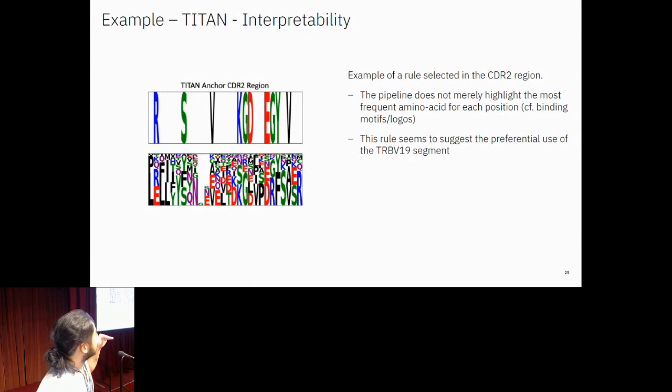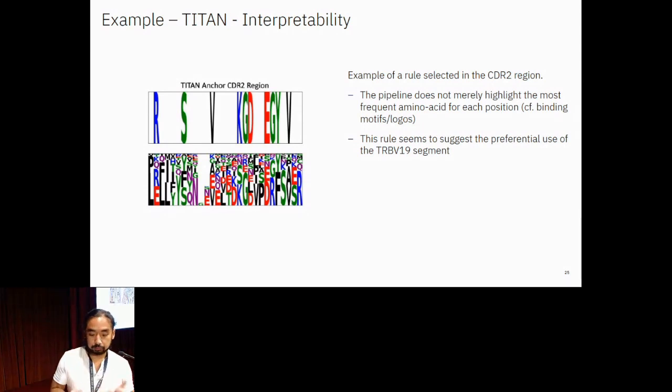In this case, you can see that anchors is not just picking the most frequent ones, which is nice, I guess. And it seems in this case that for this particular sample, I don't remember exactly which epitope we're trying to bind, but the T-cell is using this particular V segment to predict the binding.